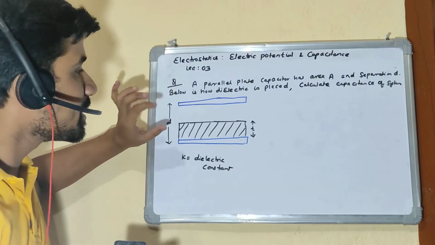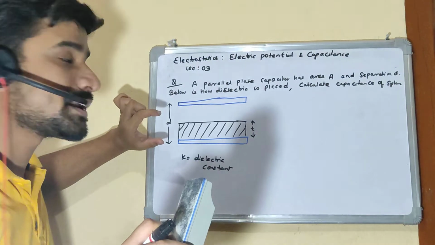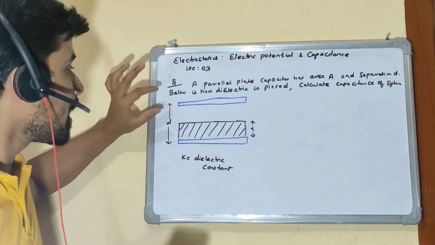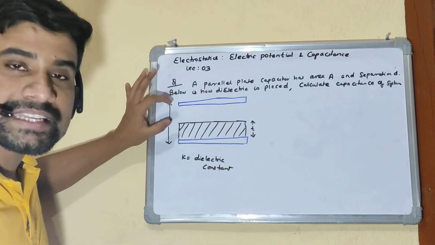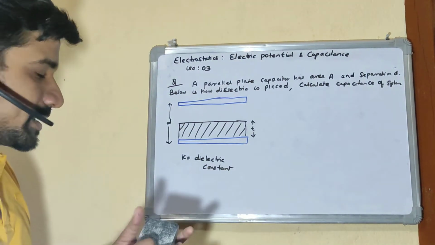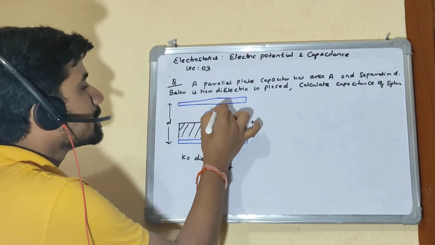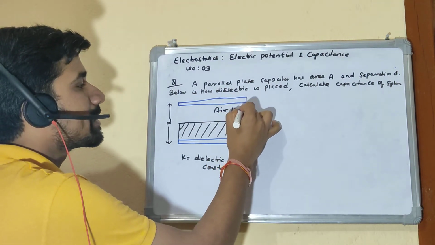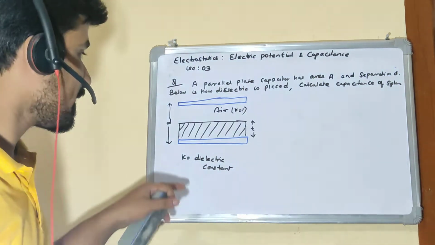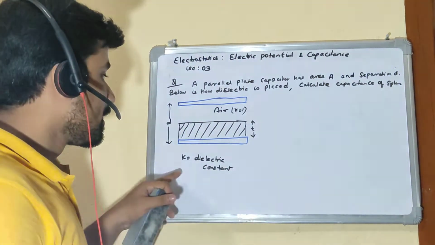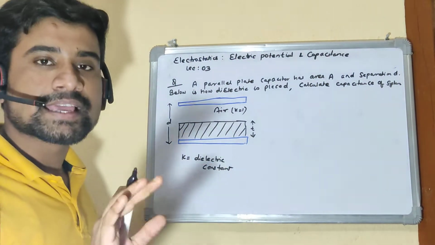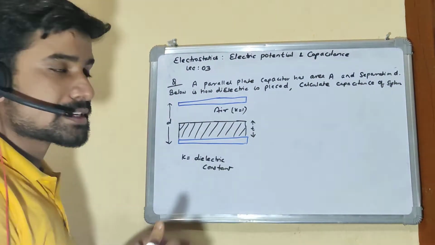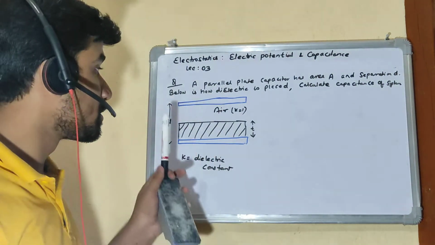It is only covering a thickness T. It is not covering the whole distance between the plates. So for distance D minus T, this region is still air, which has dielectric constant 1, and this region of dielectric has dielectric constant K. We need to find the capacitance of this whole system.